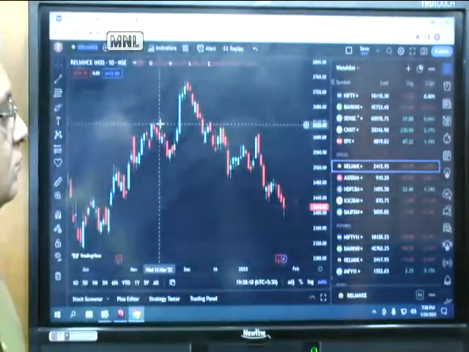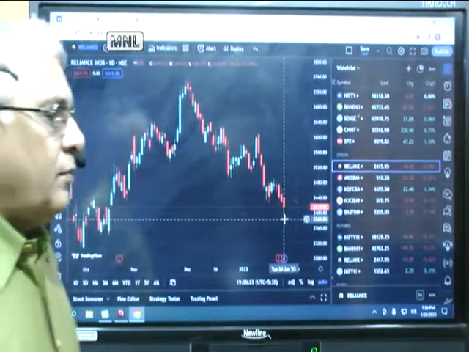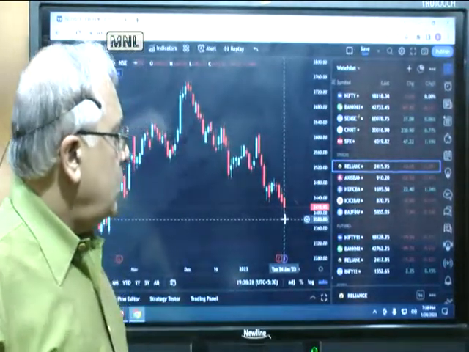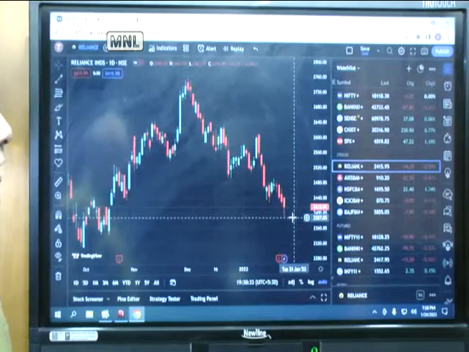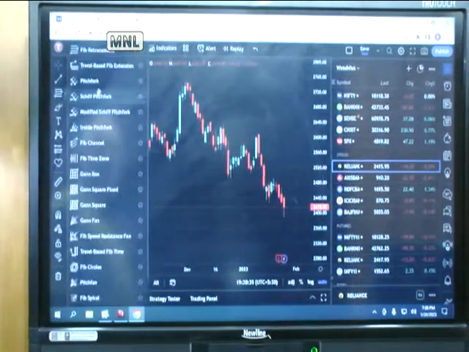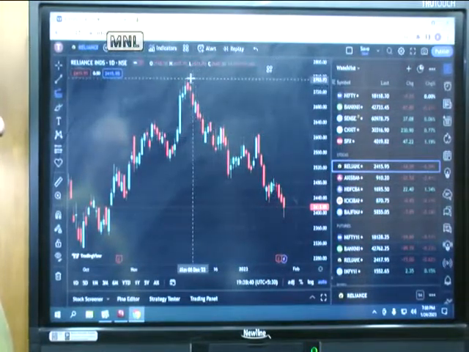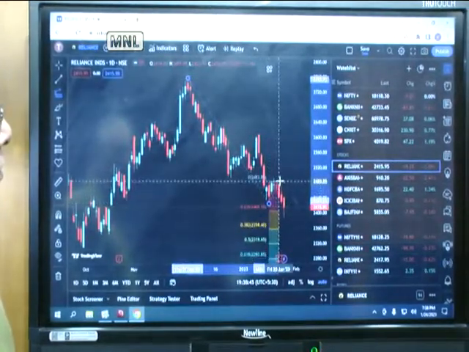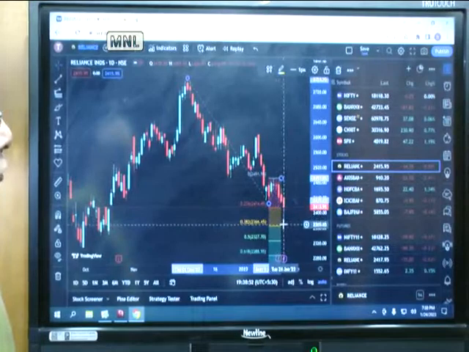Okay. Now Reliance 2385. Let us see whether 2385 is an important support level based on the Fibonacci extensions. Now let's look at the bigger ones. One is the 2364. 2364 is one.